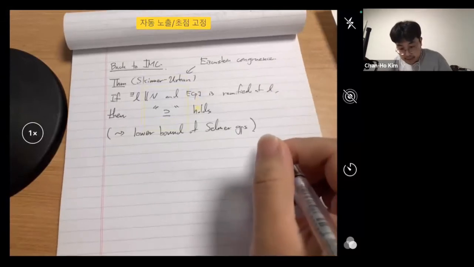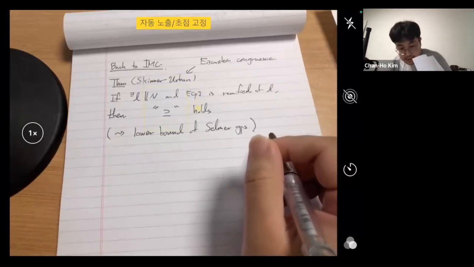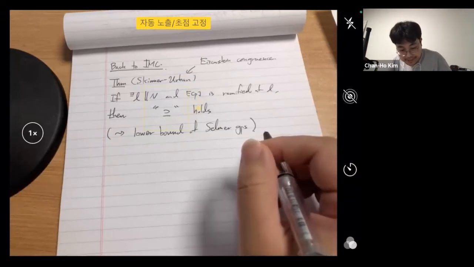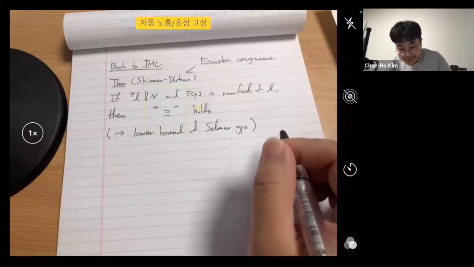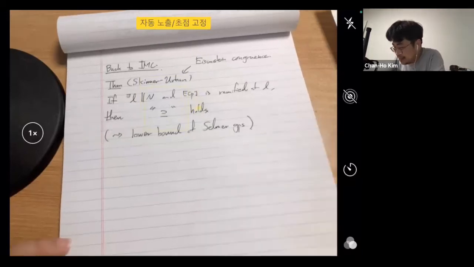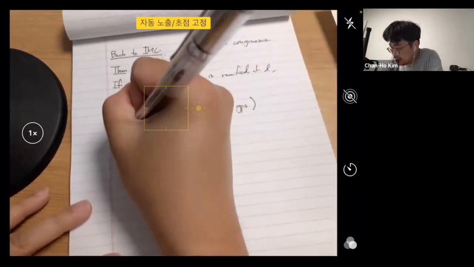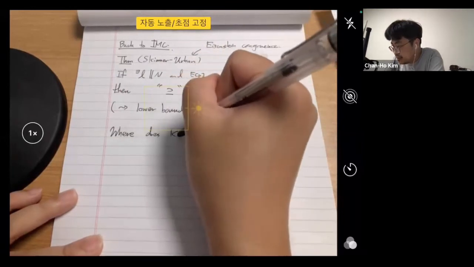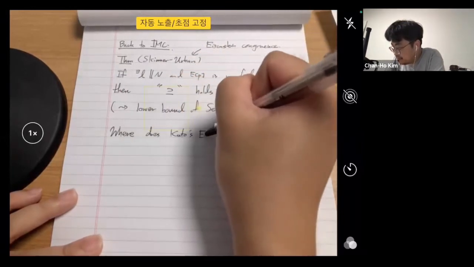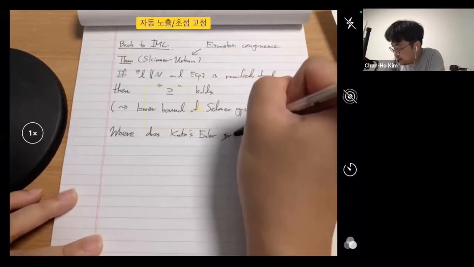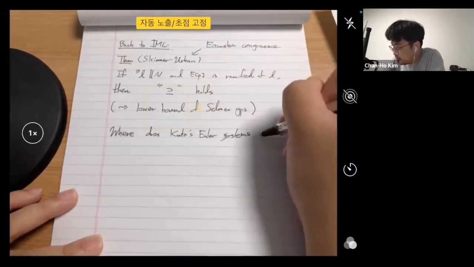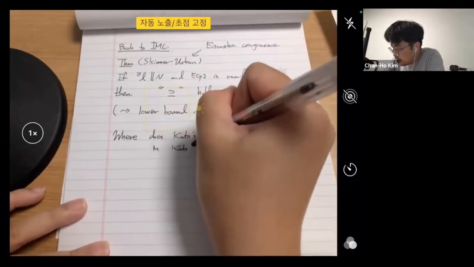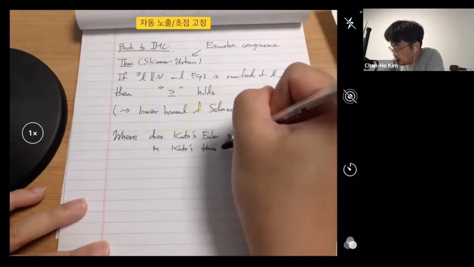Okay, then we just talked about the Iwasawa main conjecture. Then we can ask where Kato's Euler system appears in Kato's theorem on the Iwasawa main conjecture.